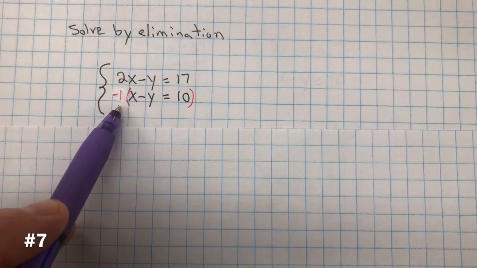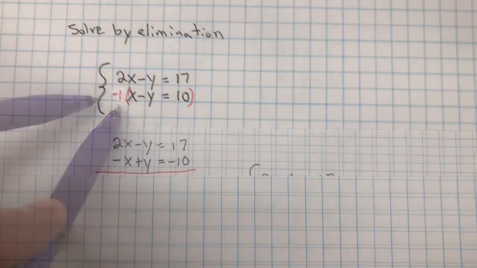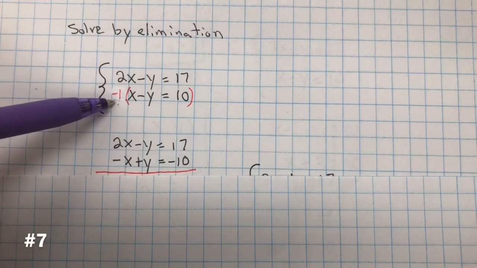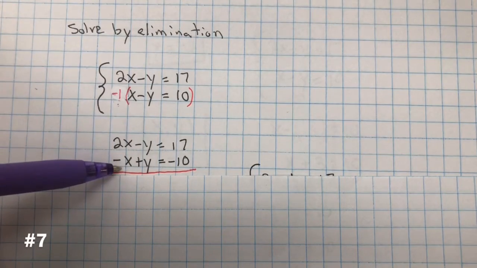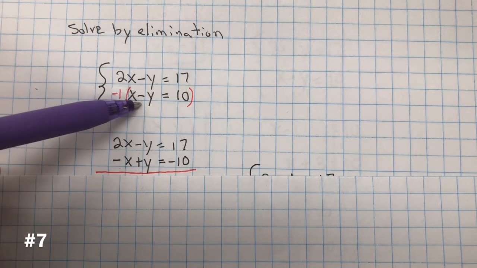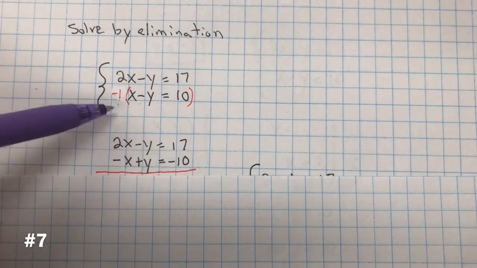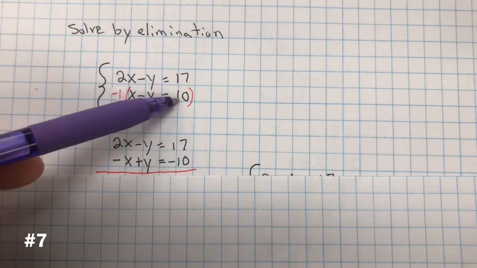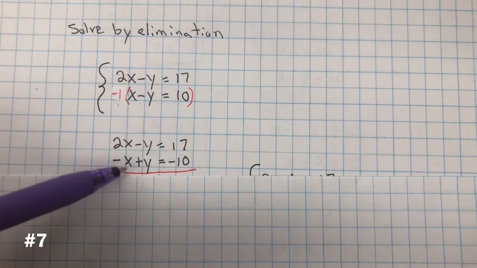And the reason why I'm multiplying by -1 is because when I distribute this -1 to each term, -1 multiplied by x is -x. -1 multiplied by -y is positive y. And -1 multiplied by 10 is -10. And you can see that I have a -y and a positive y.